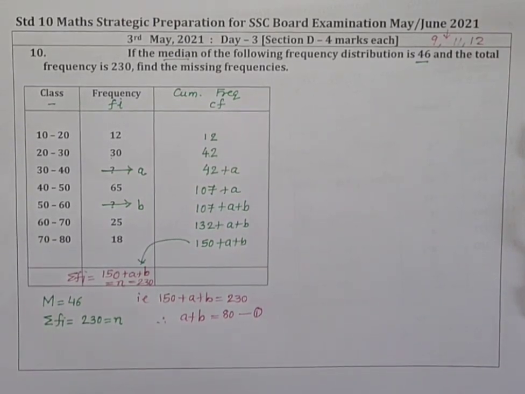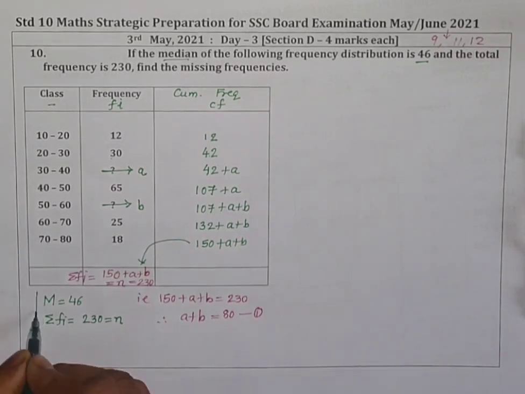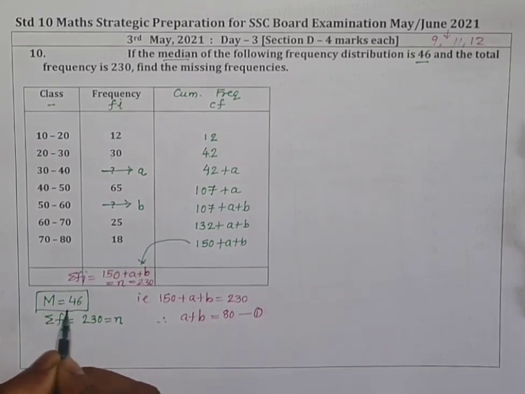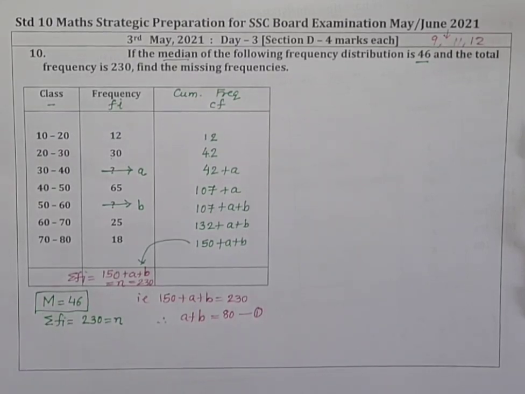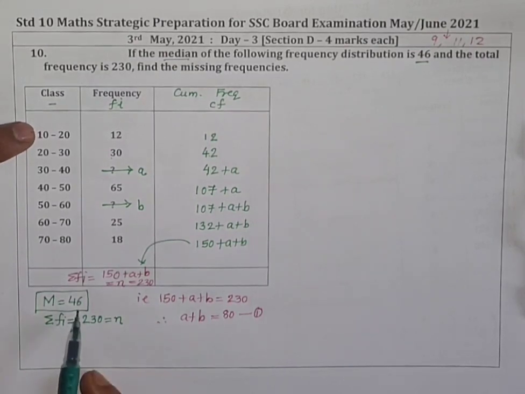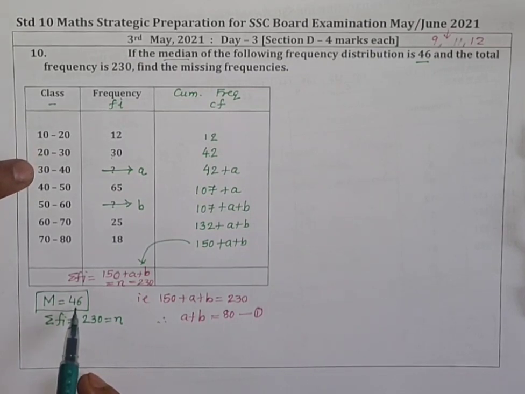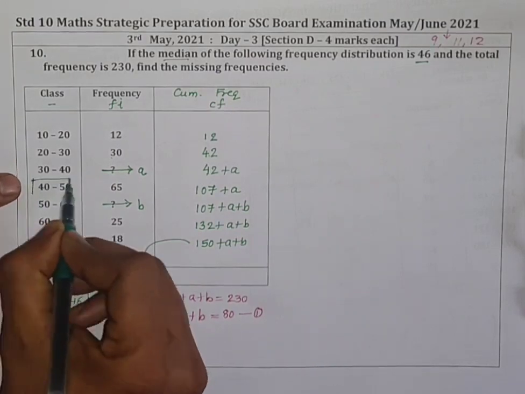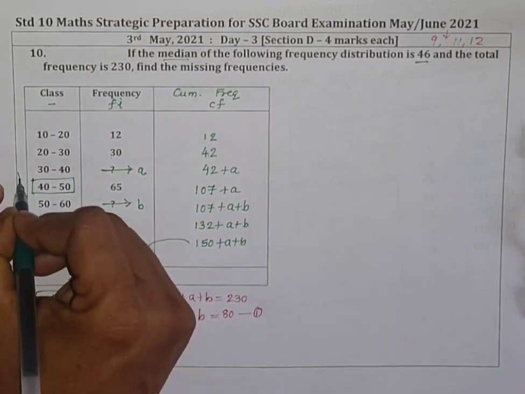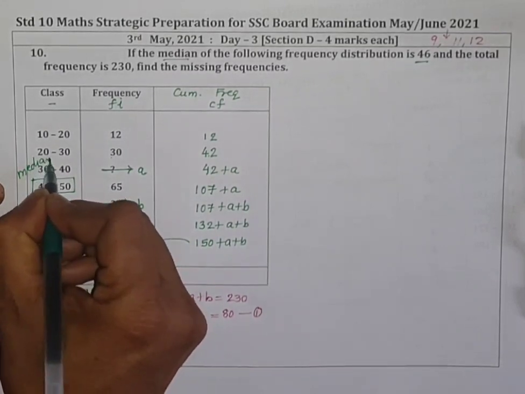Now we need a median class. How shall we find the median class? It's easy. When the median is known, median is 46, find out the class in which 46 lies. Not between 10 and 20, not between 20 and 30, not between 30 and 40, but between 40 and 50. 46 lies between this, so this is your median class.